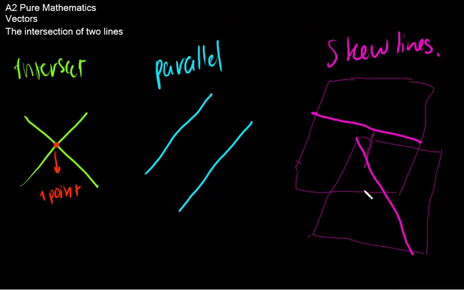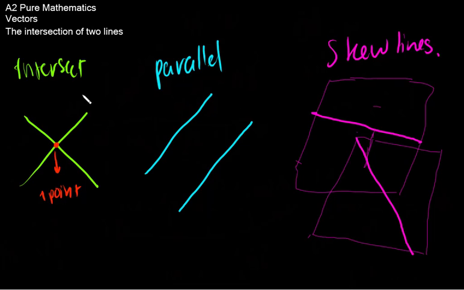So imagine two pieces of paper hanging in the air, with one line in one piece of paper and one in the other, and those two cannot intersect as long as the two pieces of paper don't touch. So skew lines have no intersection, as with parallel lines, but the lines are in different planes, so they don't touch.